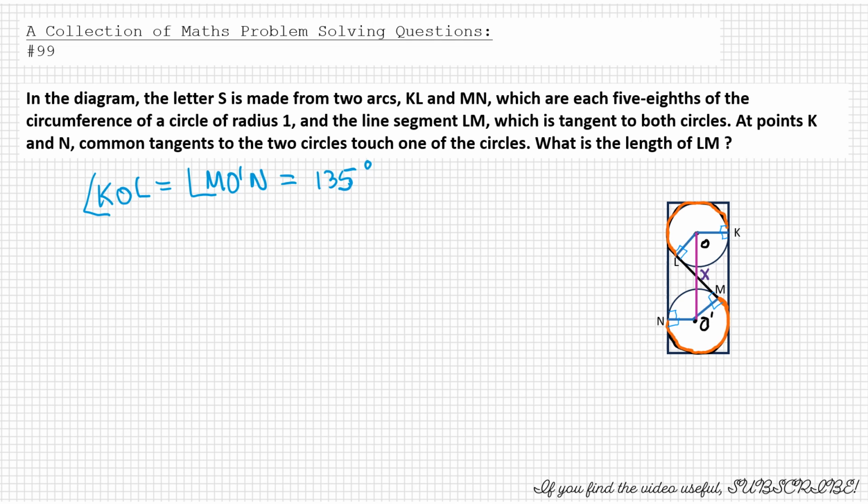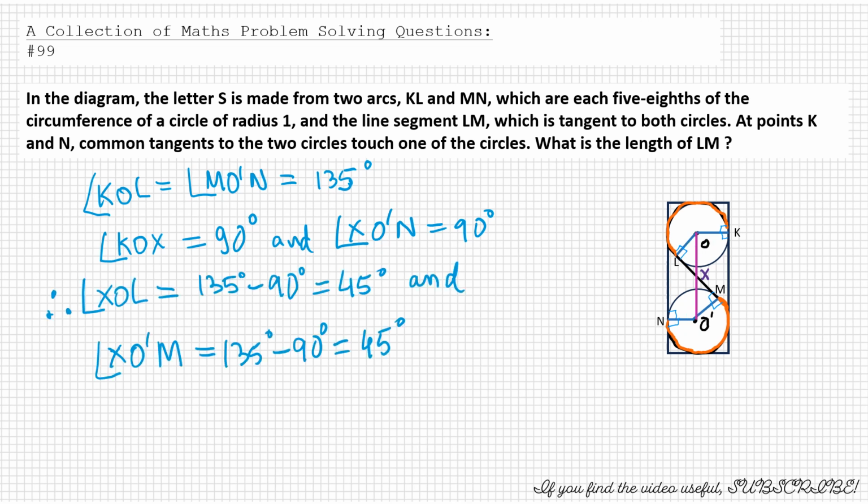So these angles are 135 degrees, and therefore we need to find these small angles. We need to note that this is 90 degrees, so angle KOX equals angle KO dashed N, and this is 90 degrees.